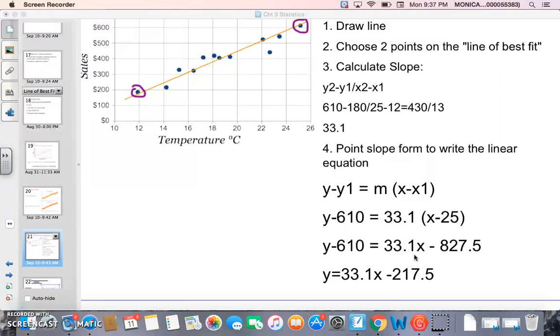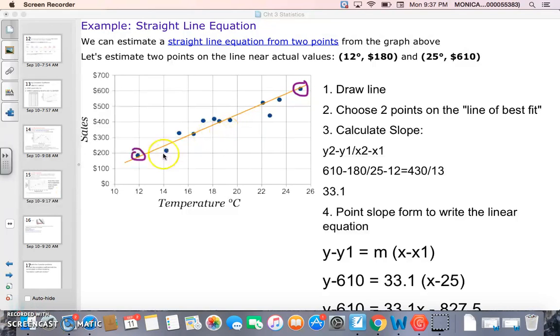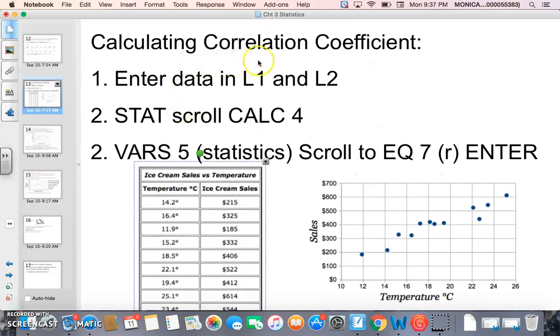Now, when we were calculating correlation coefficients, I showed you how to calculate the line of regression. For this particular graph, we only have 2 points. So what you can actually do with these 2 points, I'm going to take us back to yesterday's video, how to calculate the correlation coefficient, except this time we're going to stop after step 2.